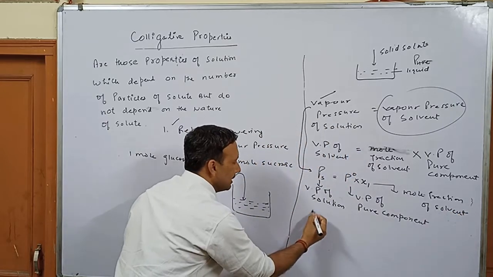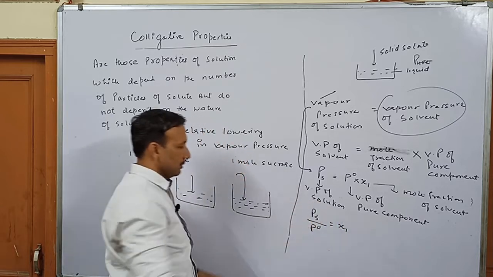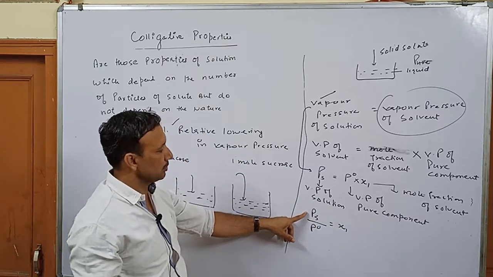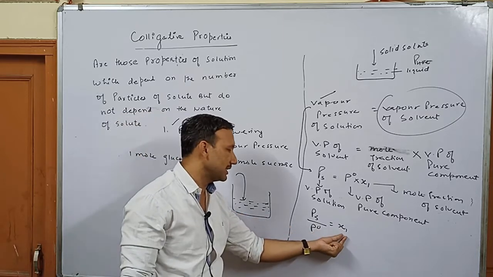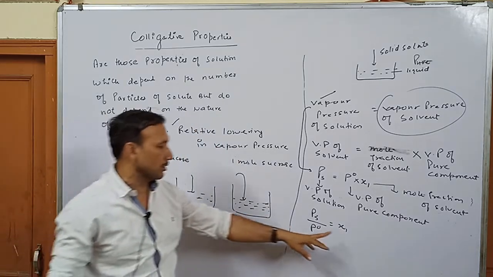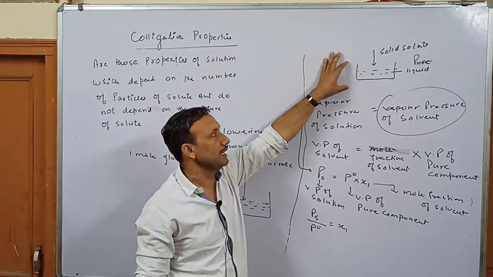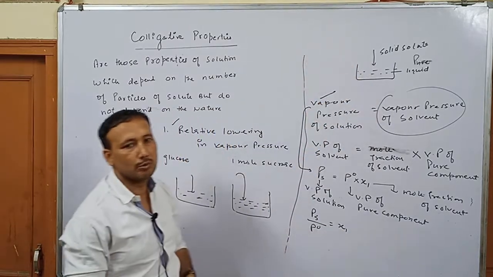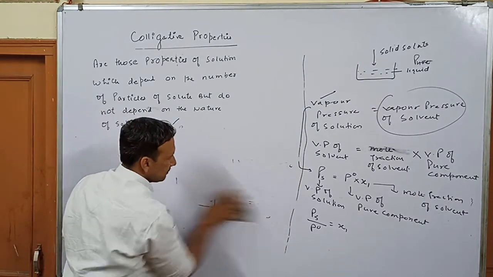Then by rearranging, Ps by P0 is equal to X1. Ps is the vapor pressure of solution and P0 is the vapor pressure of pure solvent, and that is equal to the mole fraction of solvent in this solution, which is formed by dissolving some non-volatile solid solute.